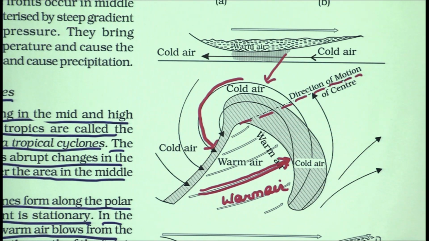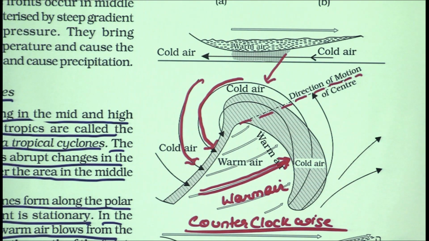Warm air starts moving towards colder region and cold air starts intruding towards warmer region. And which type of circulation thus starts evolving? The circulation that thus starts evolving is counterclockwise, developing what is called cyclonic circulation.